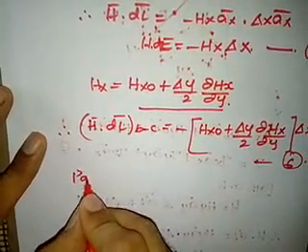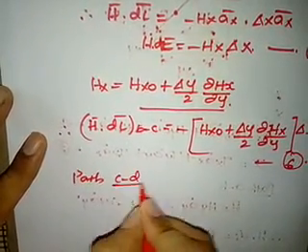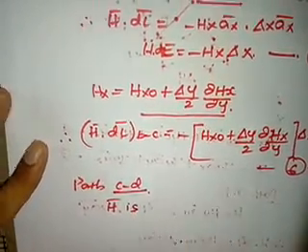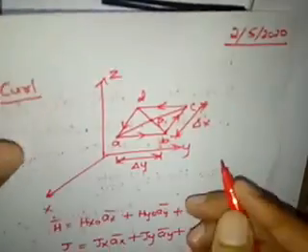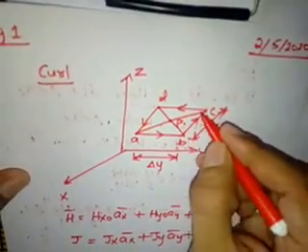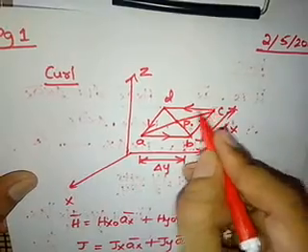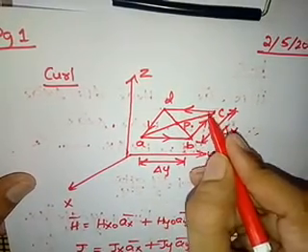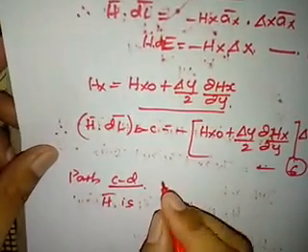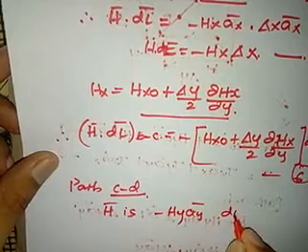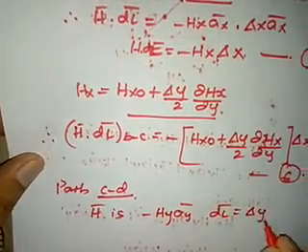For path C to D, H is in which direction? Let us check. For path C to D, H is in the minus ay direction. So y is from left to right, this is from right to left. So C to D, it is the minus ay direction. So H is minus Hy ay, and dl will be equal to delta y into ay.